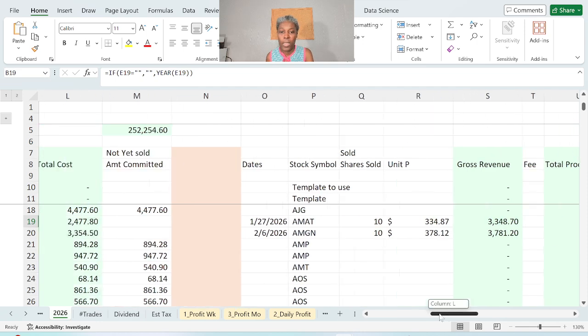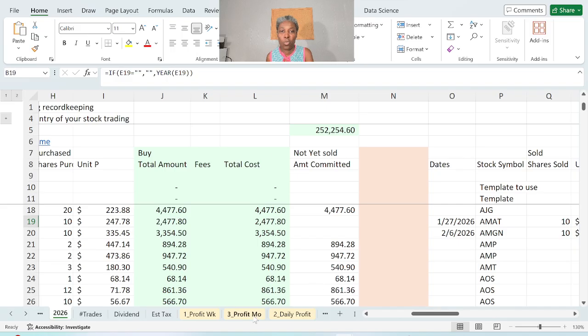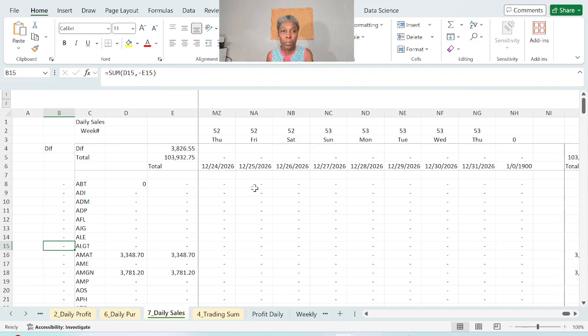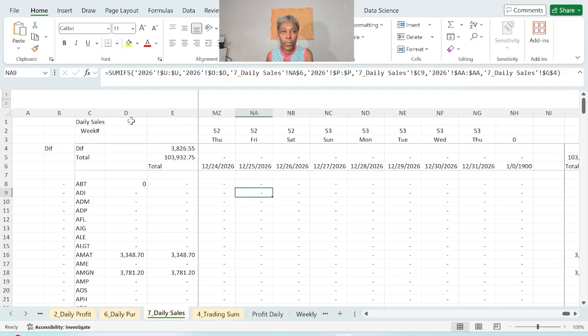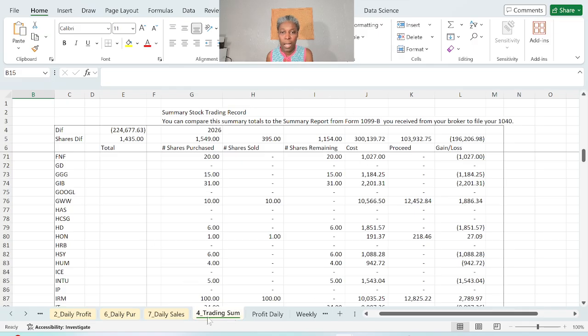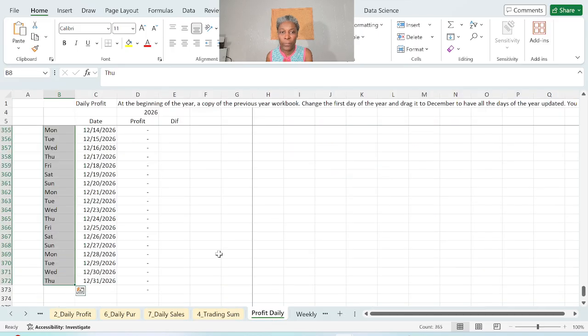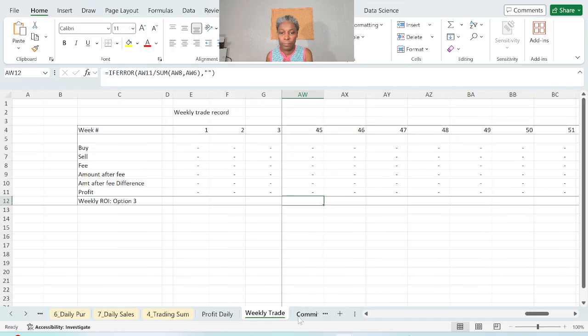session as well, and the daily purchase will pull purchases from the purchase side, and each side has dates that those things occur. So, and I use some ifs. I use some ifs, and I just do that, and have this summary here, and daily profits, daily, weekly trade.